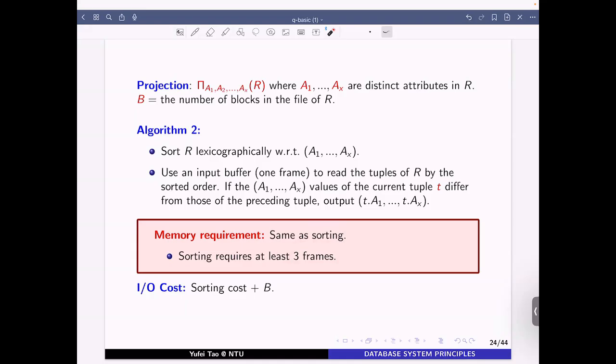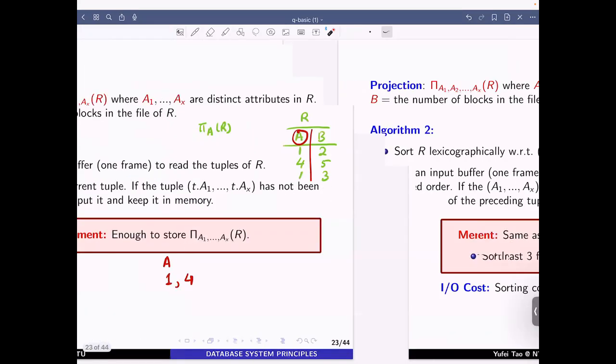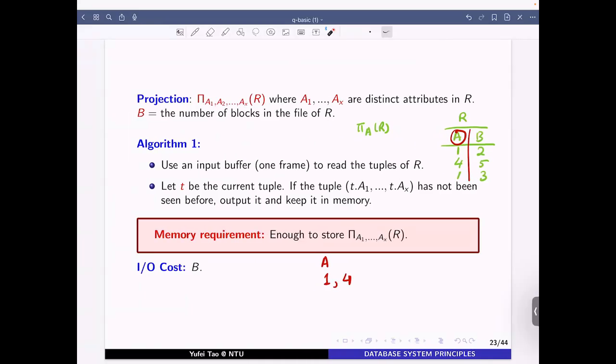However, sorting can benefit from more frames. This is not something we can fully discuss today, but the idea is the more memory you have, the faster sorting can be performed. However, you need at least 3 frames, which is not a lot, because in the first algorithm, as I said, you have to have enough memory to store the entire result.